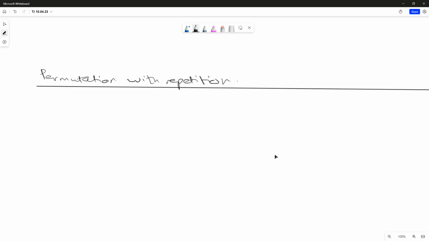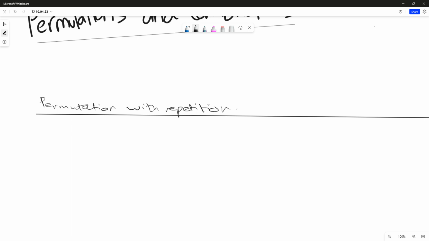But first, let's look at the concept of a permutation. What does permutation actually mean? Whenever you see the word permutation, it's part of the subject called counting methods. So permutation is basically some kind of calculation.